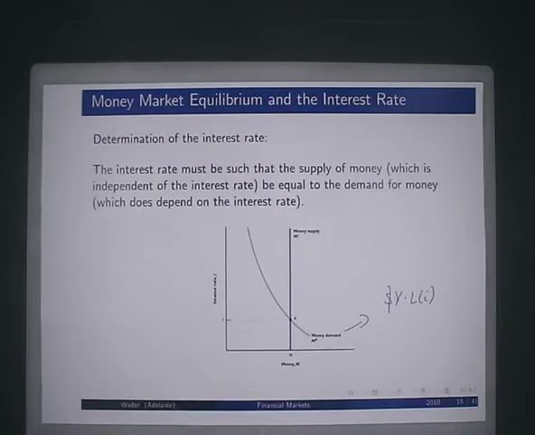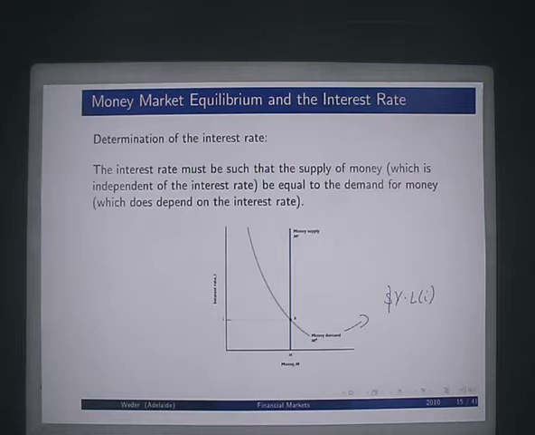This L usually stands for liquidity, even though I didn't really say it. It's determined by the level of transactions, because you need money to do these transactions. At least in this very simple version here, the money demand is proportional to this, and it's a negative function of the interest rate.